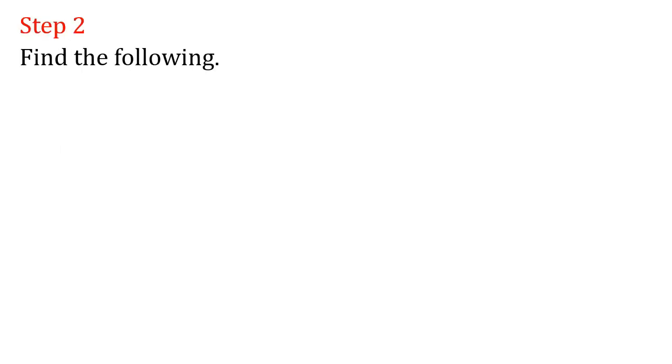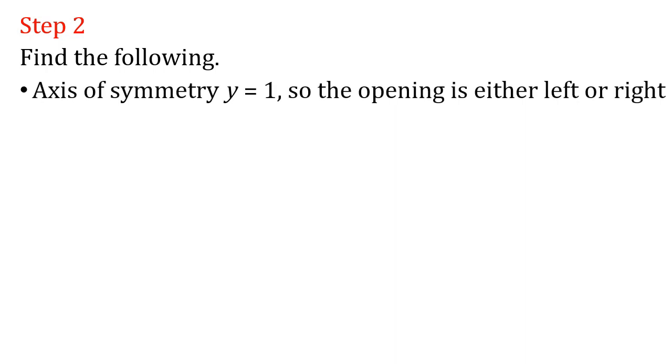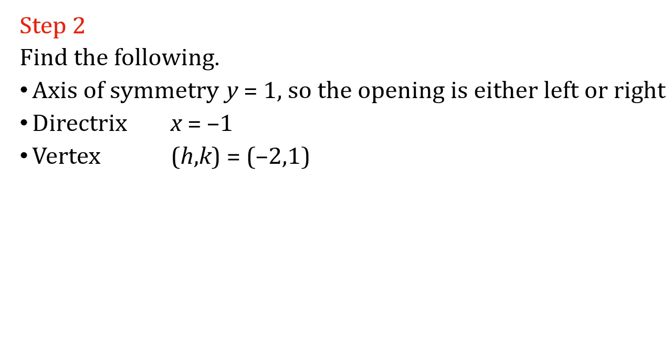Step 2, find the following. Axis of symmetry is y equals 1. So the opening is either left or right. Then directrix is x equals negative 1. The vertex was obtained earlier. It's negative 2, 1.